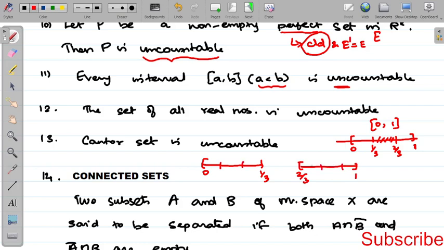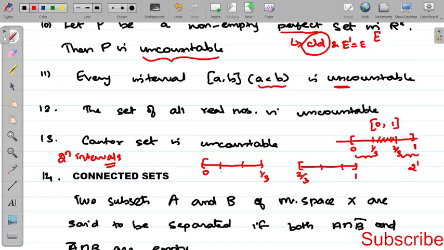So you can see that it consists of the union of 2^n intervals. First you have 1 interval, then 2, because we are leaving the middle one. So 2^1, that is 2 intervals.